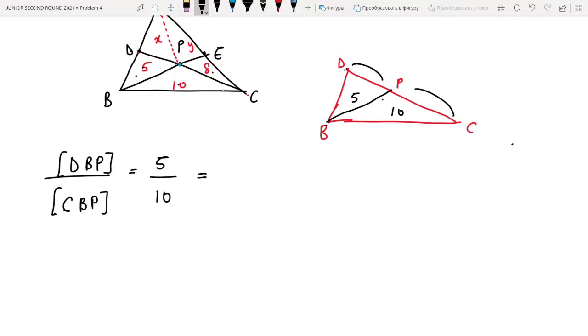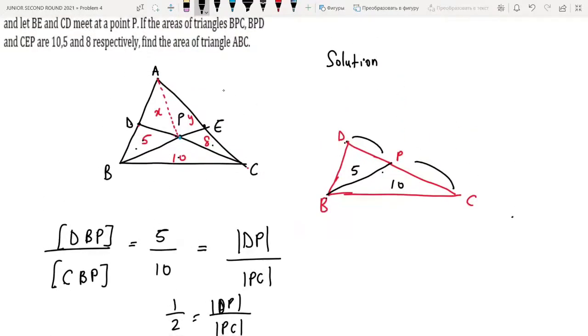But according to the lemma, it is equal to DP over PC. So DP over PC is 5/10, which means 1/2 equals DP over PC. That's what we have now.